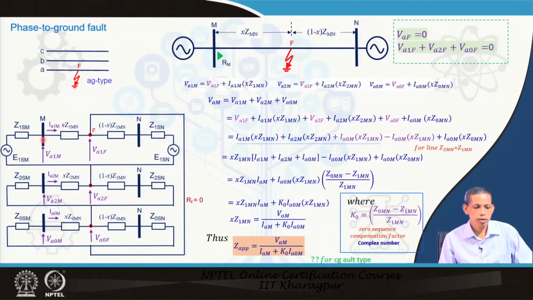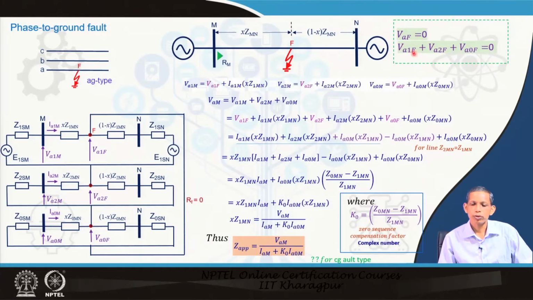This is the M bus, so the corresponding quantities are the positive sequence current and voltage seen by the relay, the negative sequence current and voltage, and the zero sequence voltage and current. Now, this is a line to ground fault case, an AG type fault, so phase A at the F point will be grounded, meaning the voltage is 0.